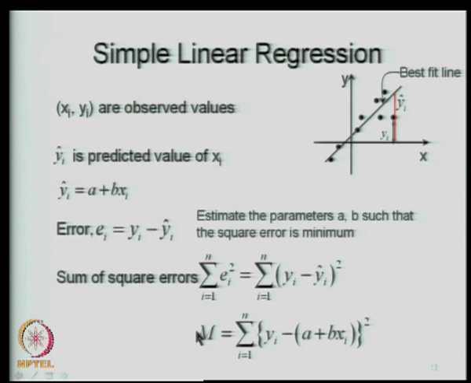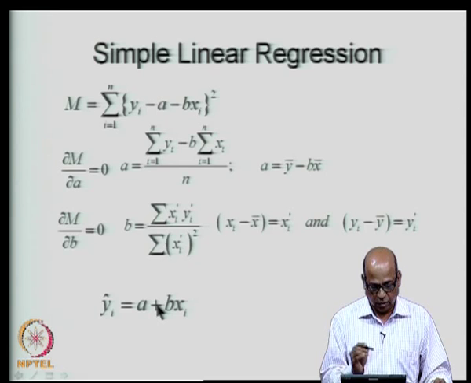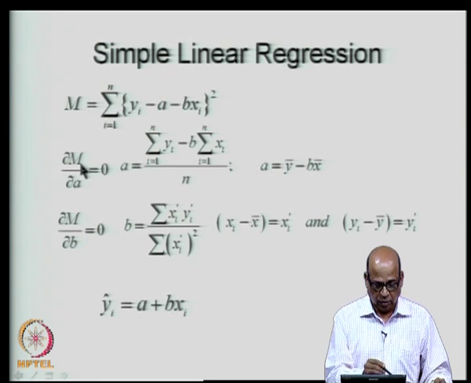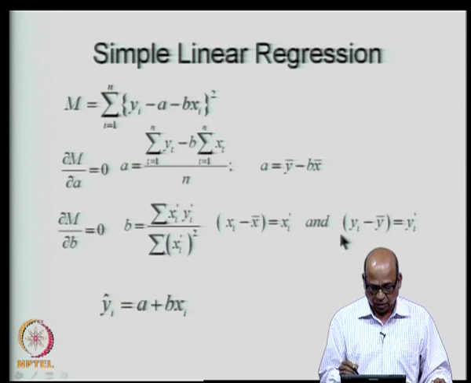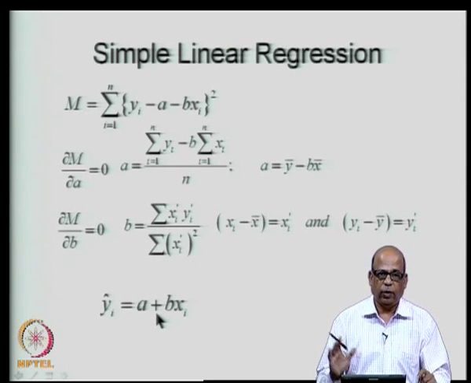Therefore, we differentiate m with respect to a and with respect to b and set each equal to 0 to get the values of a and b. That is what we did in our linear regression. Essentially, the principle remains the same.